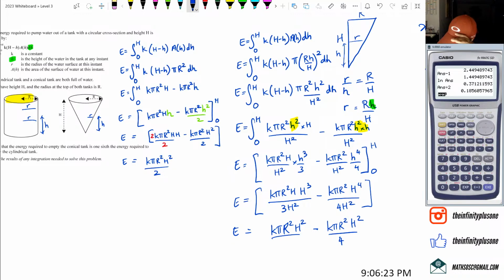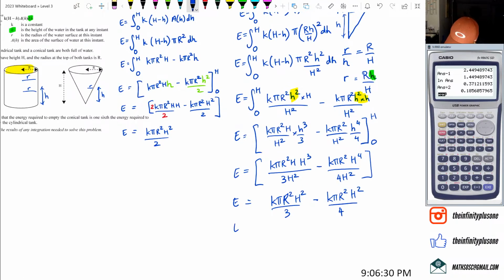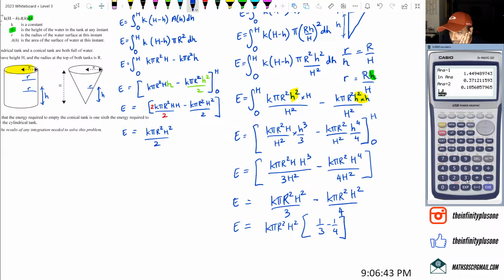Oh, I forgot the 3. There we go. That's better. Now what I've got is E is equal to K pi R squared H squared, and in the bracket I've got 1/3 take away 1/4, which I'm going to be super lazy and just do in the calculator. So 1 over 3, take away 1 over 4 is going to give me 1 over 12. So E is equal to K pi R squared H squared 1 over 12.